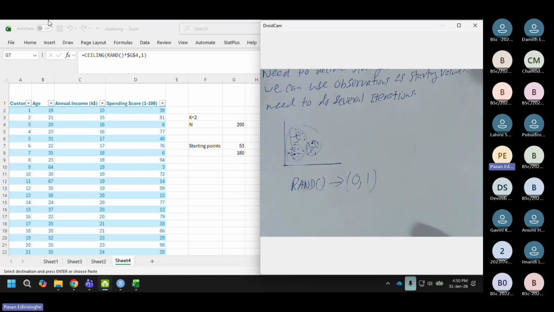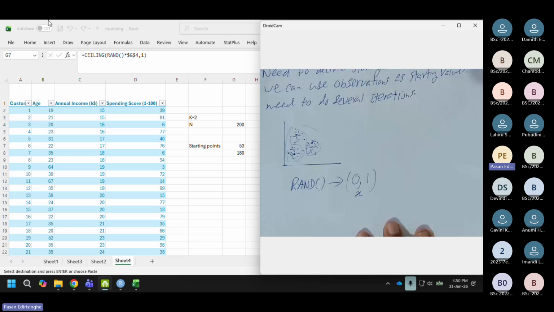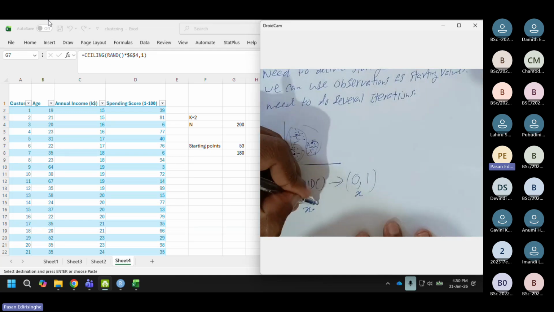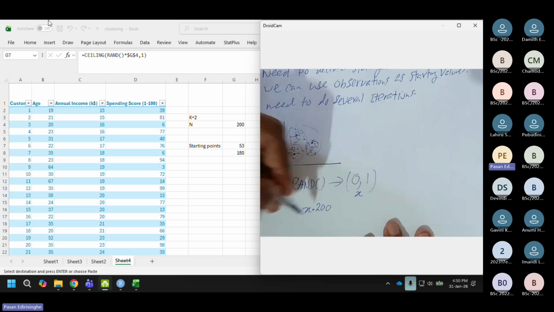So what I will do is, I get some random number x, and I take that random number and multiply it by 200.